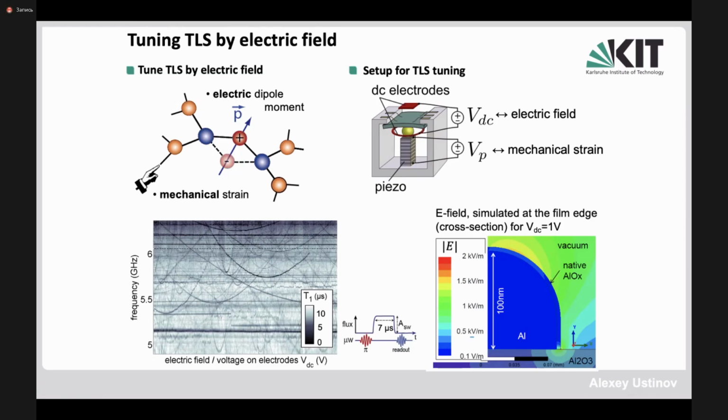So if you have two superconductors separated by a thin layer of oxide, then these defects are not really influenced by external electric field. Of course, they remain influenced by strain, because it's some kind of intrinsic material property. So by investigating which defects are influenced by electric field only, and which defects are influenced by electric field and strain, one can sort of label those defects as being defects on the surface or defects in the tunnel junction.